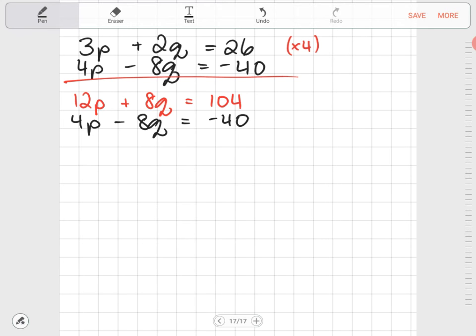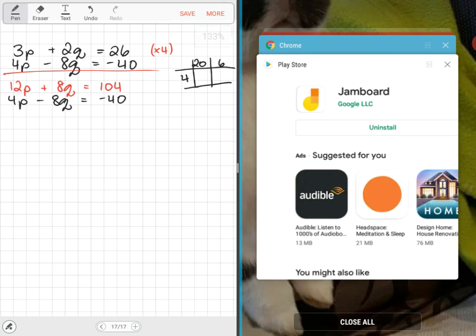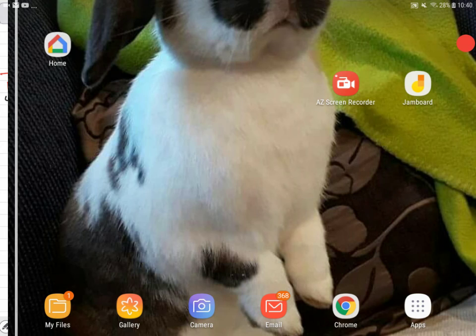So 20 times 4 is 80, and 6 times 4 is 24. So add those two together and you're going to get 104.